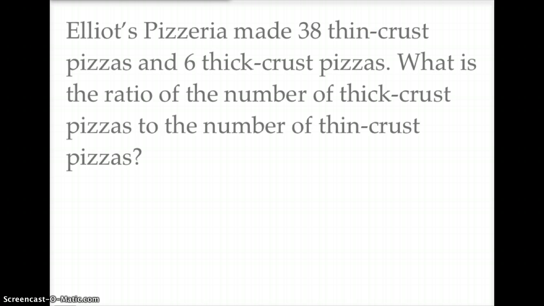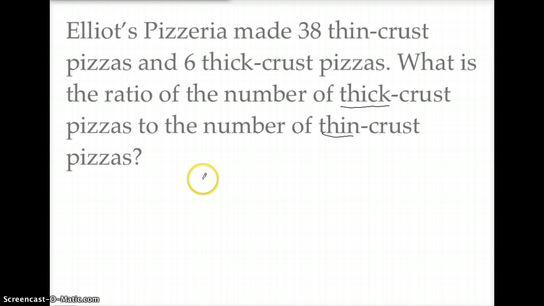Ellie's Pizzeria made 38 thin crust pizzas and 6 thick crust pizzas. What is the ratio of the number of thick crust pizzas to the number of thin crust pizzas? Well, we have to have it in the right order. So thick crust to the number of thin crust. So thick to thin.